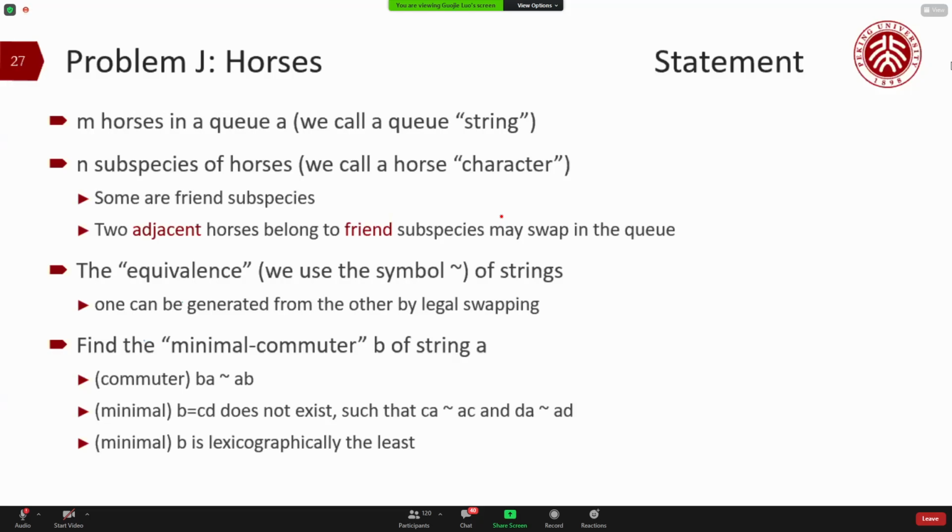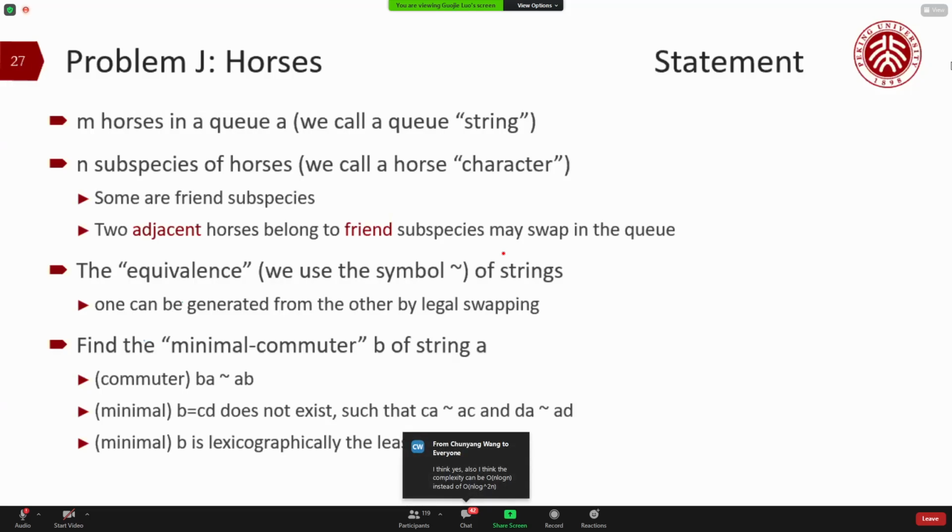Some horses are friend subspecies. If two adjacent horses in the queue belong to friend subspecies, they may swap in the queue. Because we call a queue a string, that means if the characters satisfy some relation, we can swap adjacent characters.